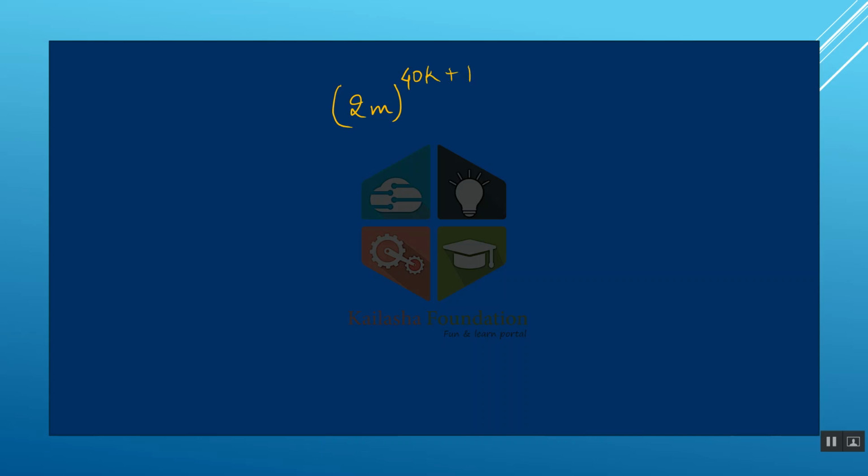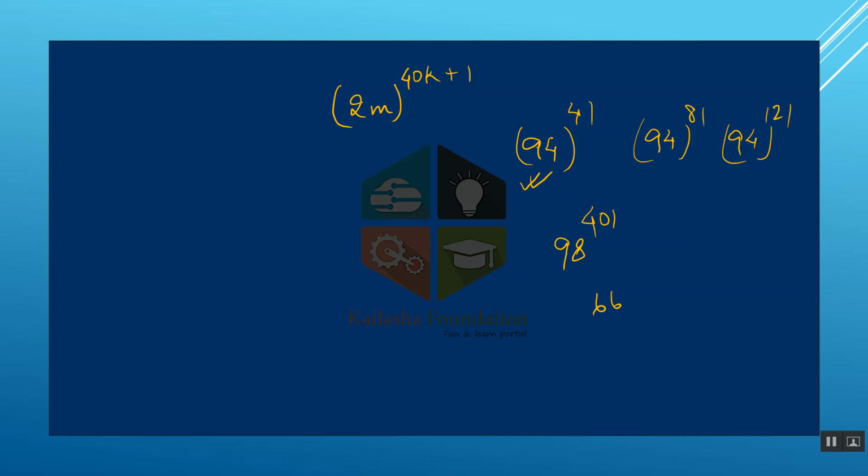That means, for example, 94 raised to the power 41, or 94 raised to the power 81, or 94 raised to the power 121, or other numbers in place of 94, just like 98, 98 raised to the power 401, 66 raised to the power 201, or 226 raised to the power 241.